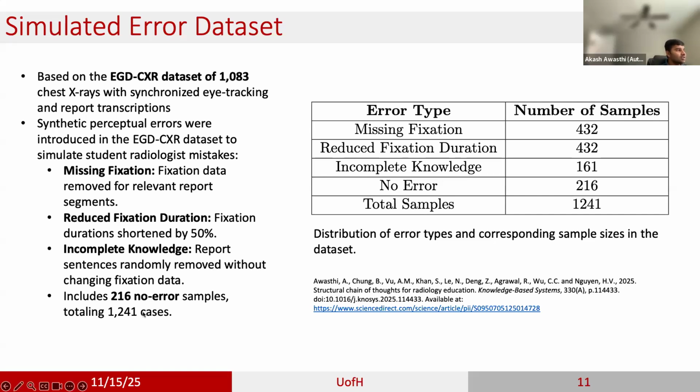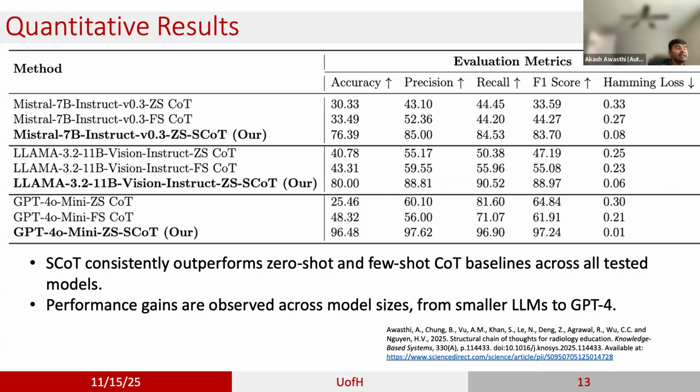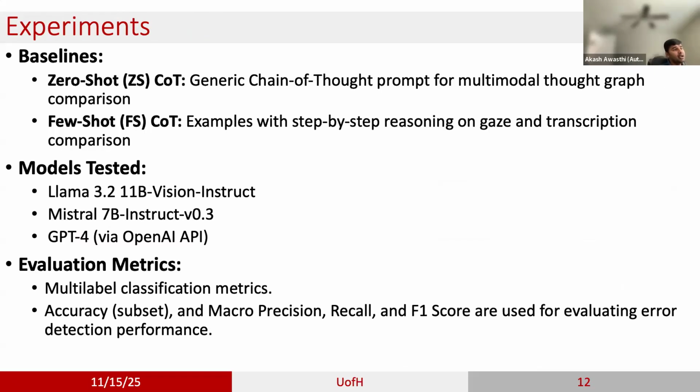And we also simulate some samples with no errors. So you can see this is the distribution of the data with the different samples we produce. So this is the simulated error dataset we created for evaluating this kind of system.